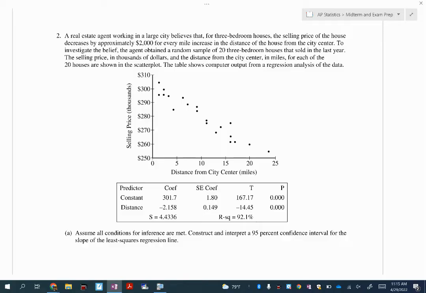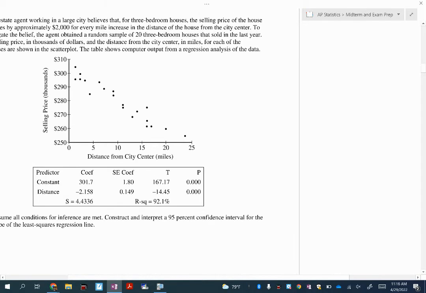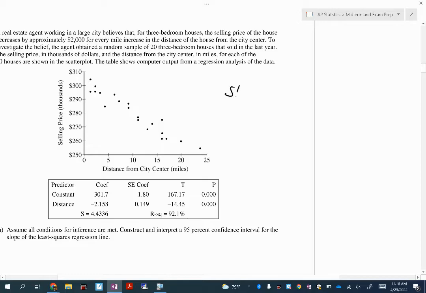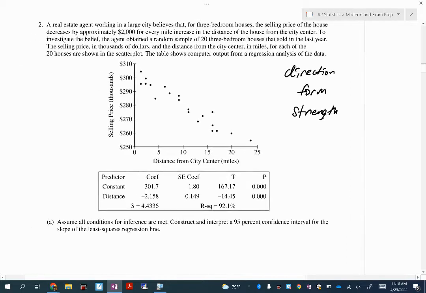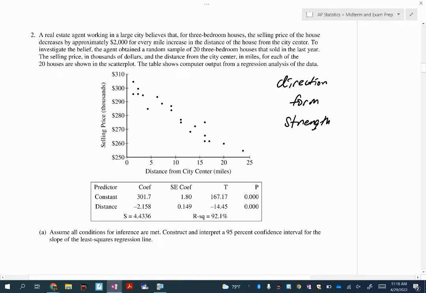And if you look at this scatter plot, it's not asking you to do this, but if you were asked to describe the association here, you would make sure you mention direction, form, and strength. Okay, and it looks like this is negative, it is linear, and it looks strong. All right, so just keep that in mind. It didn't ask you to do that, but the AP exam might ask you to do that very soon.